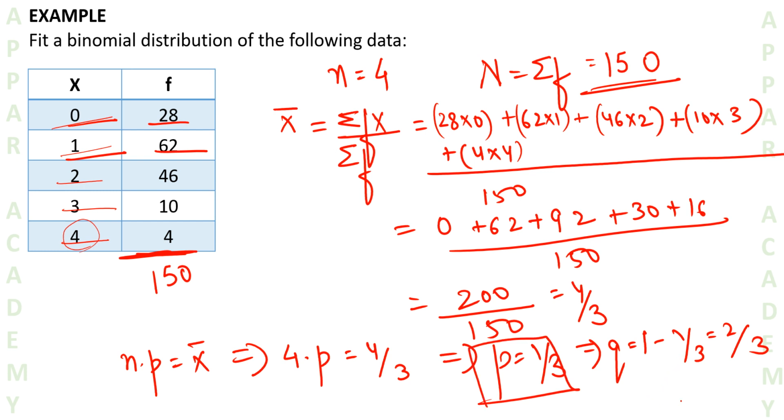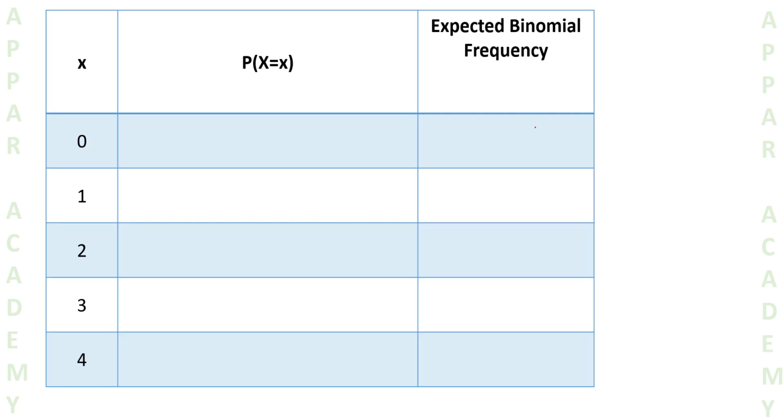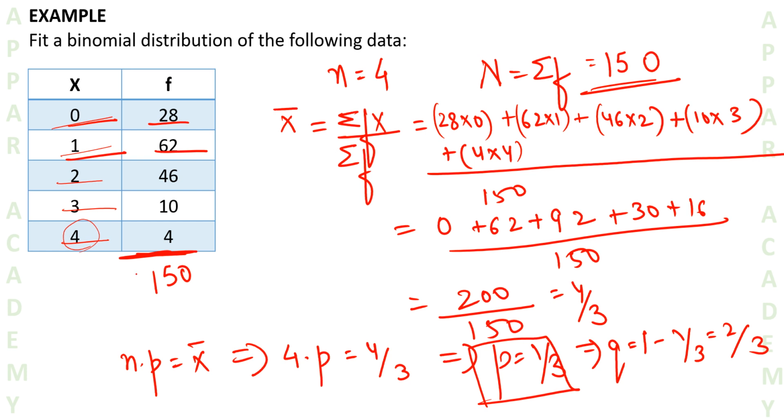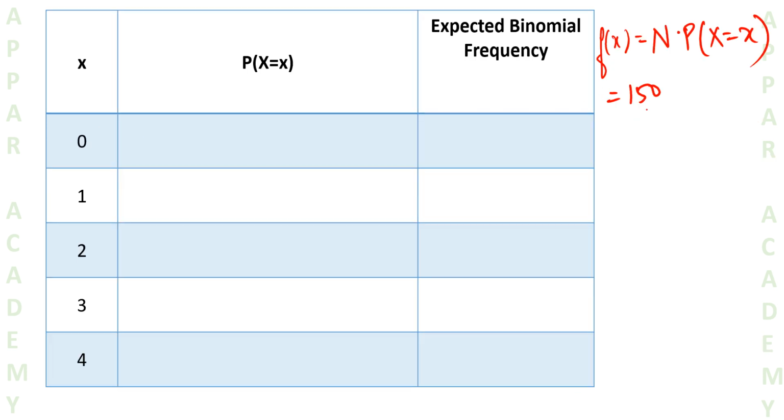Right? So from this, what can we say? We can simply say that the formulation of the binomial distribution, or the expected binomial frequencies, are given by f of x is equal to n into probability of x is equal to x. So now what is n? N is 150. We have computed this over here. Then we need probability of x is equal to x. So this is into nCx, which means 4Cx.